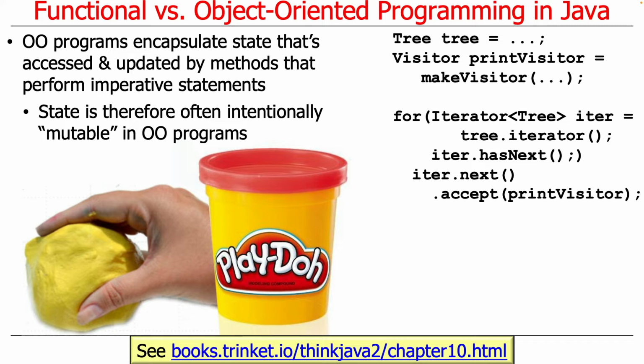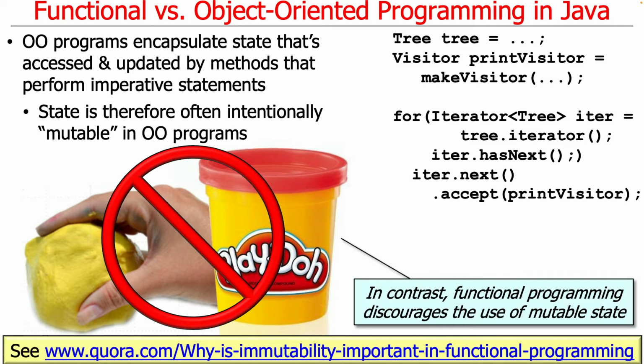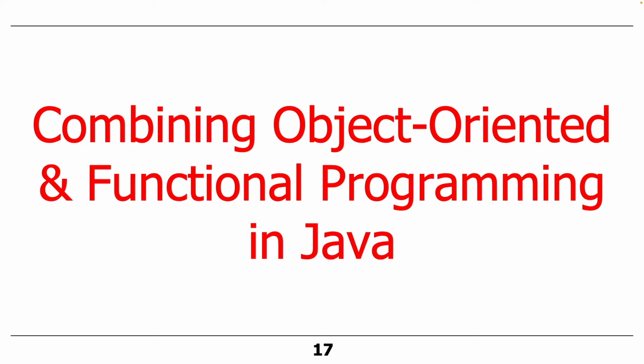Therefore, in object-oriented programs, state is often made to be intentionally mutable or changeable. In contrast, functional programming discourages the use of mutable state, particularly mutable shared state in concurrent and parallel programs.